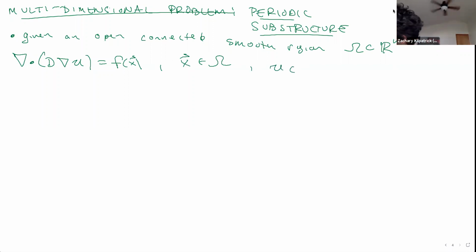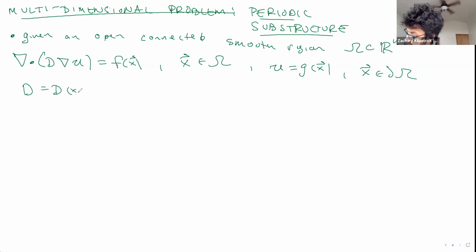U is going to have some inhomogeneous Dirichlet boundary. Okay, and let's say that D is going to have again some macrostructure as well as some microstructure to it. It's going to be purely positive, and it's going to be smooth.